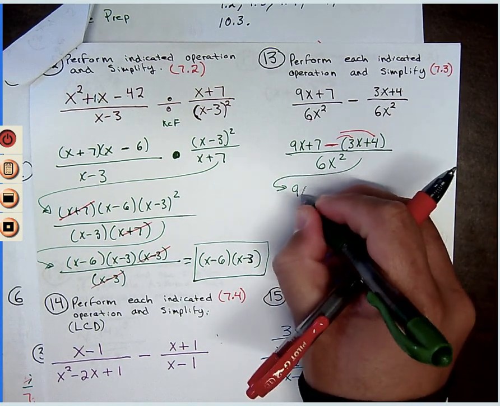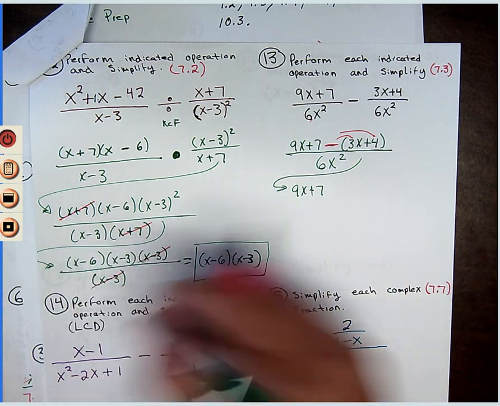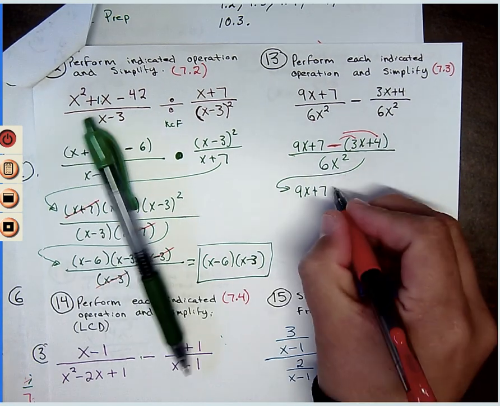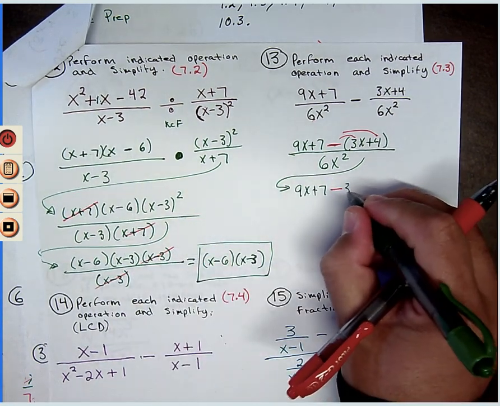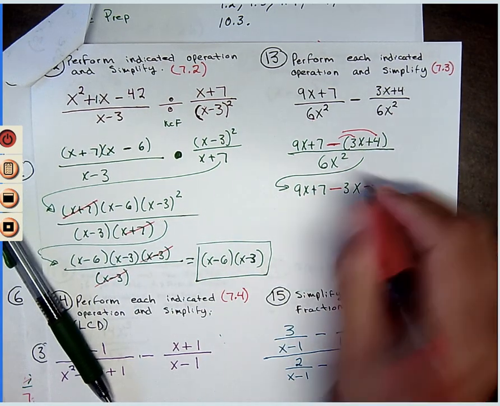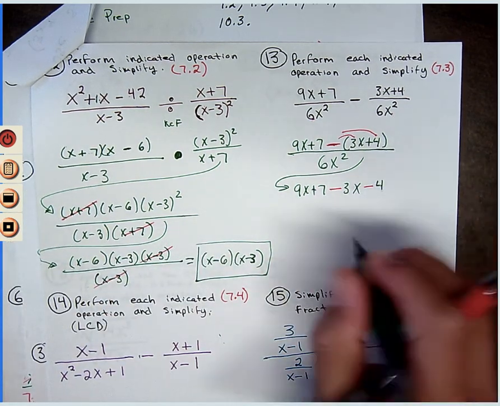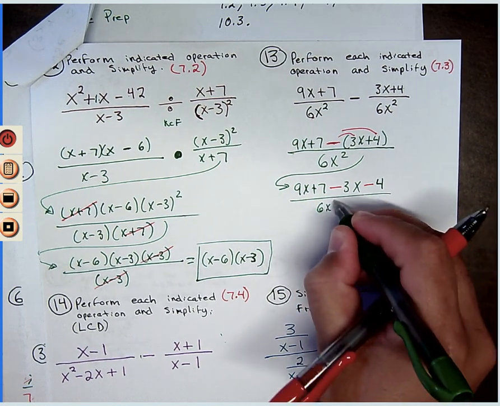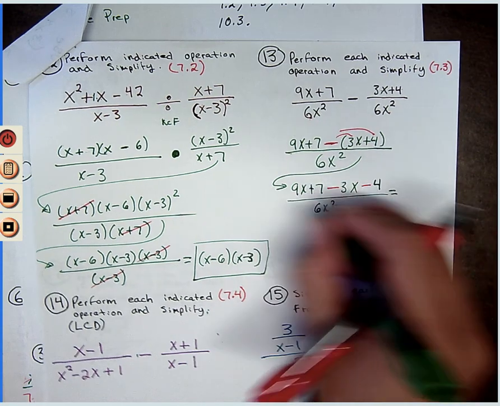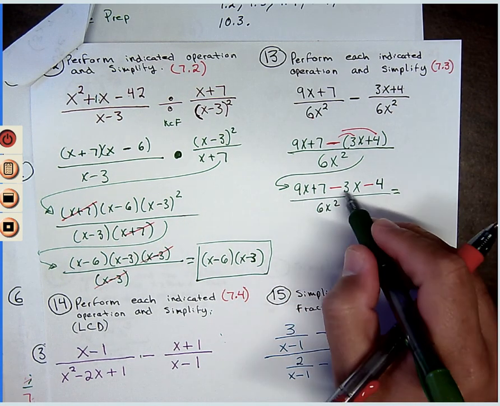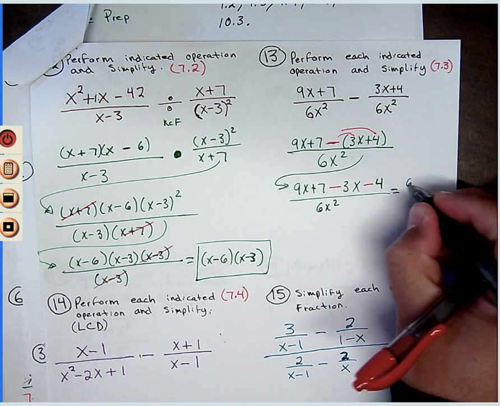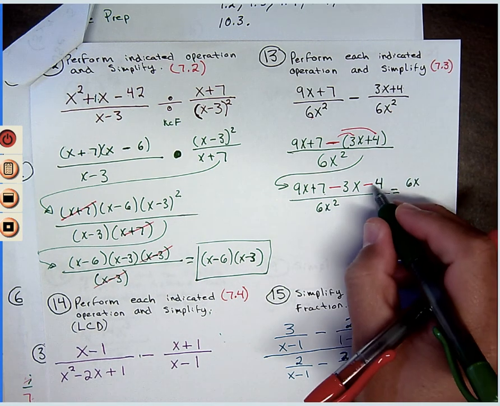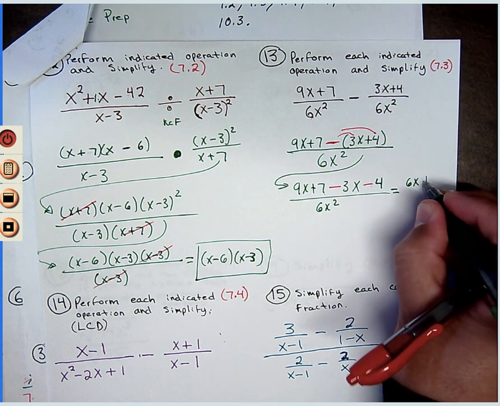So 9x plus 7 minus 3x minus 4 over 6x squared. So from here we're going to combine like terms. So 9x minus 3x gives you 6x. 7 minus 4 gives you positive 3 over 6x squared.